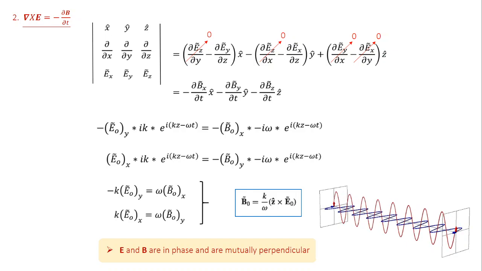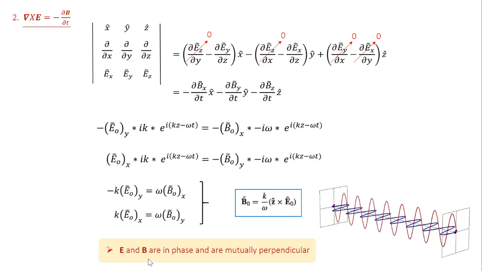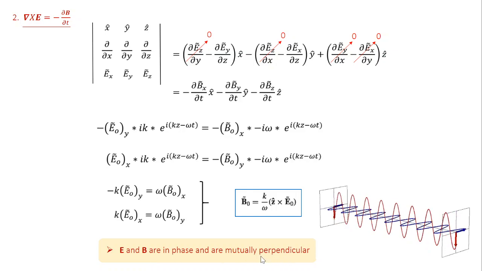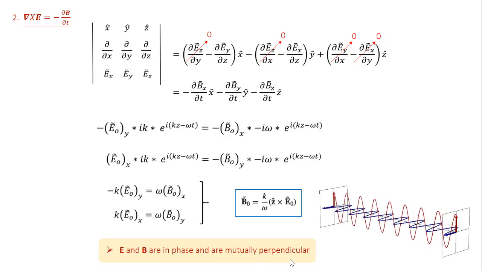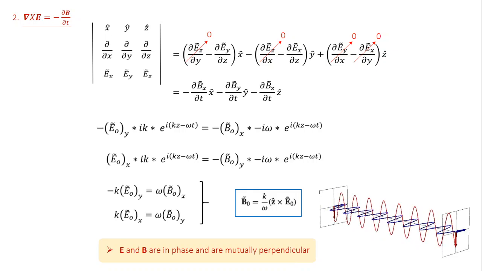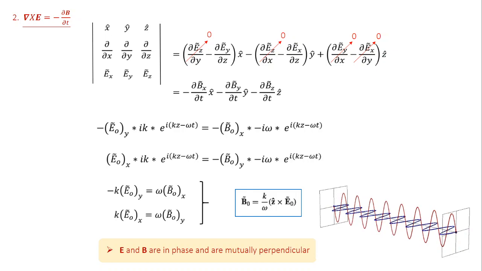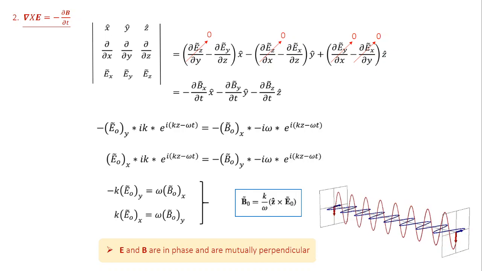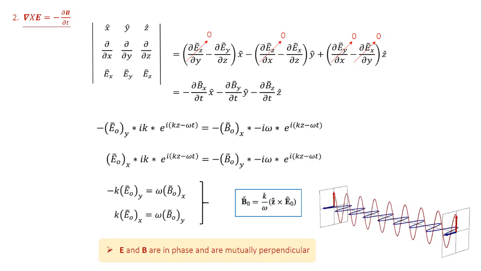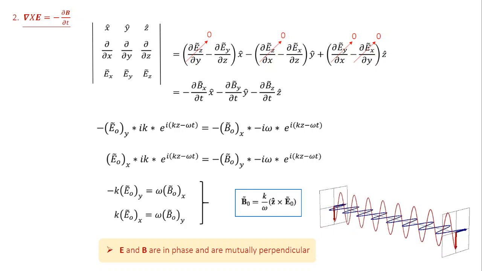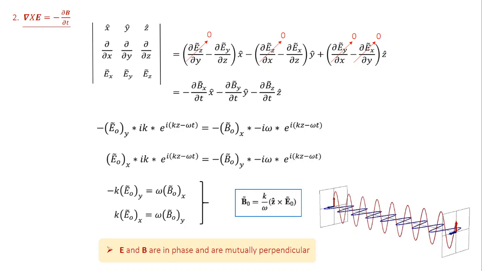In other words, the electric field and magnetic field are mutually perpendicular. So from the first two Maxwell's equations, we have seen that electric field and magnetic field are perpendicular to the propagation direction. From the third Maxwell's equation, we find that they are also mutually perpendicular.